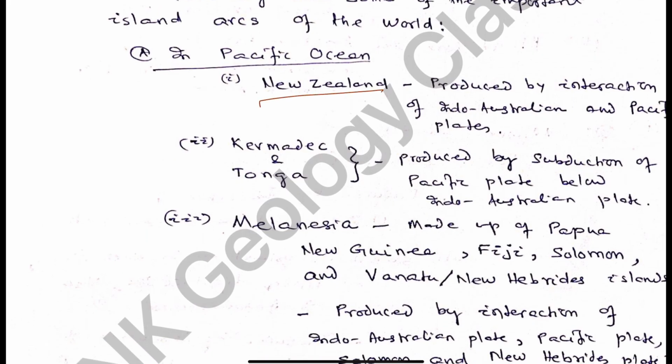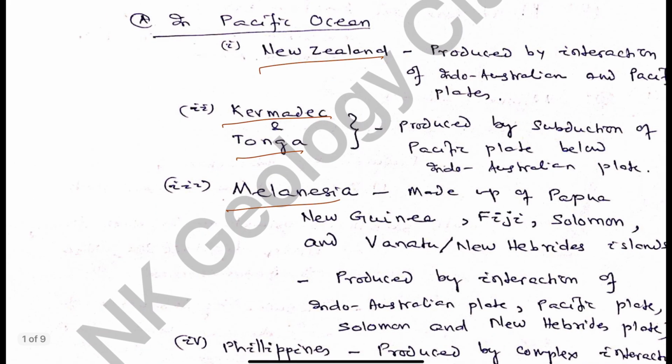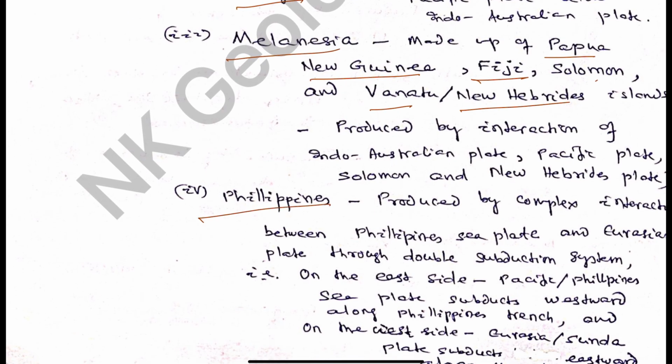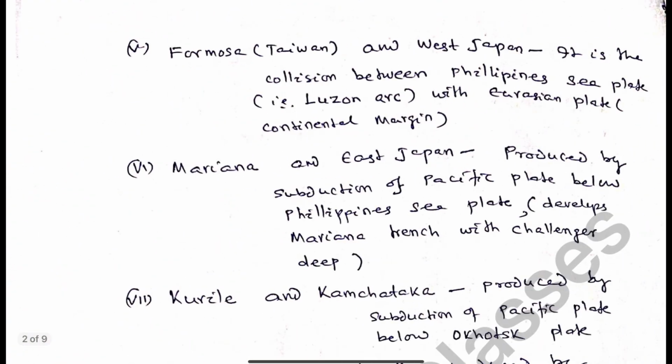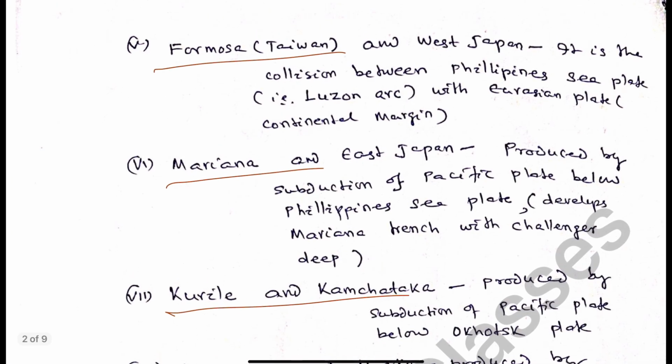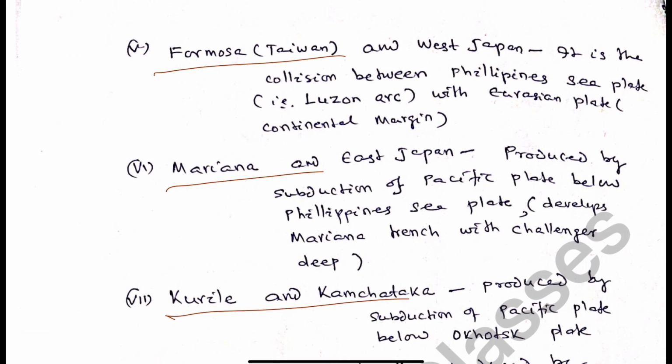They are New Zealand, Kermadec and Tonga, Melanesia, which includes Papua New Guinea, Fiji, Solomon, Vanuatu or New Hebrides Islands, the Philippines, Taiwan, Japan, Mariana, Kuril, Kamchatka Islands, Aleutian Islands.